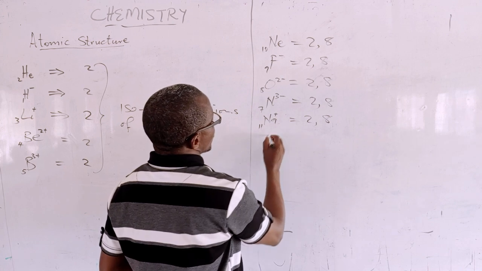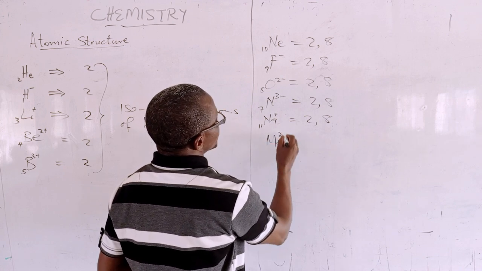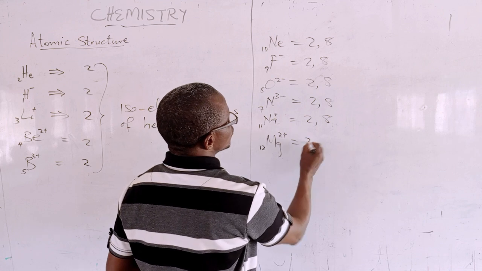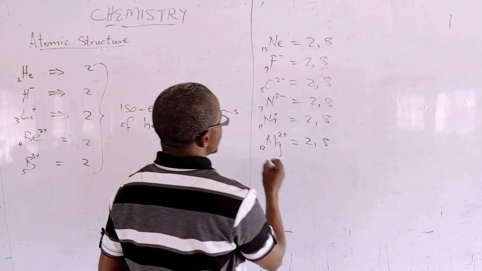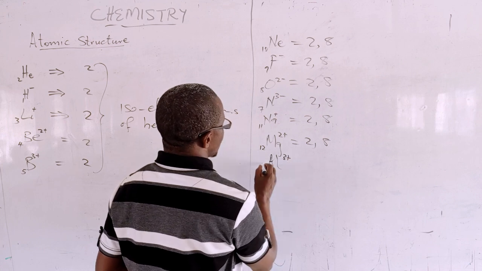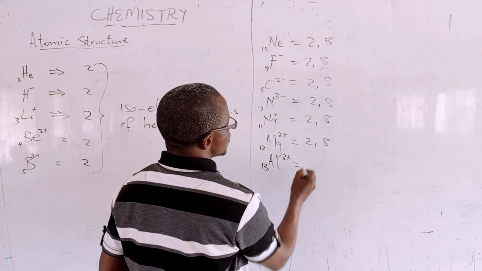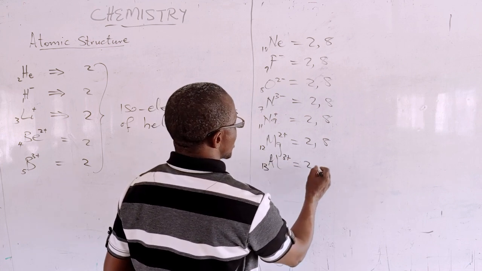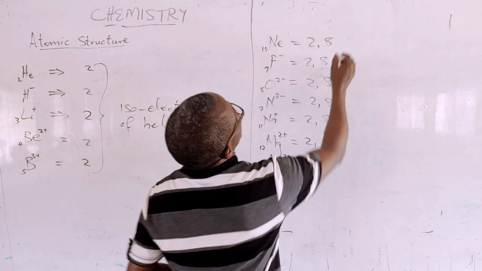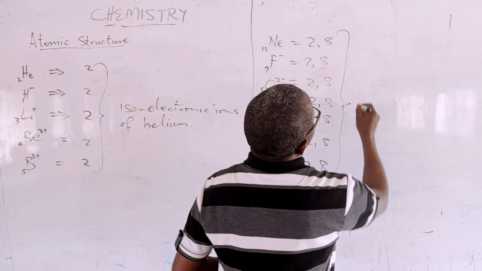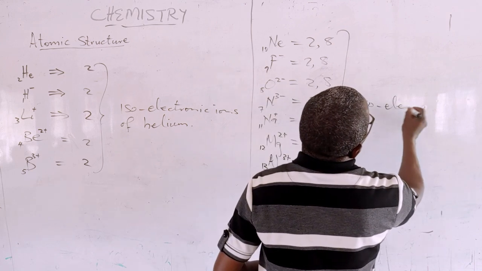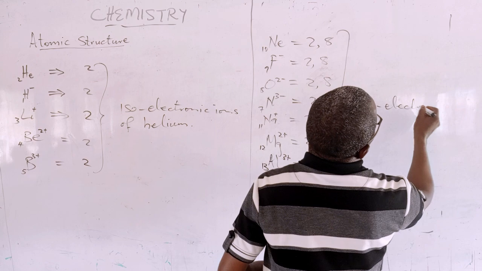If you go for magnesium, it will be plus 2 with atomic number 12 to give you 2 and 8. If you go to aluminium, 3 plus, that's atomic number 13, will give you 2 and 8. So all of these are isoelectronic.